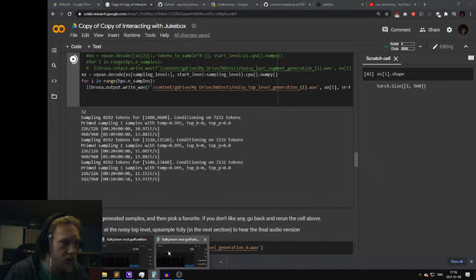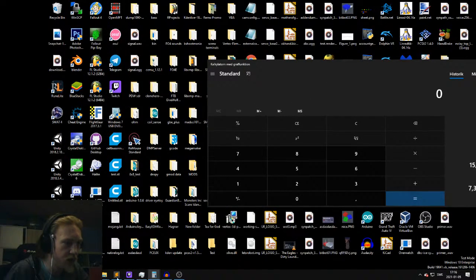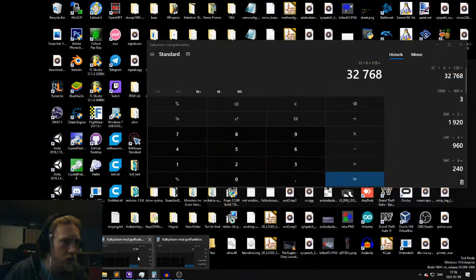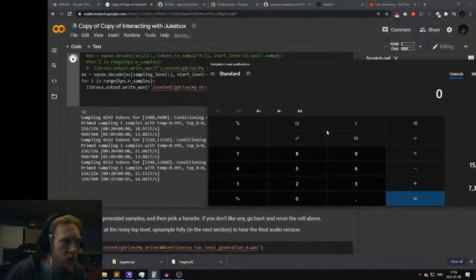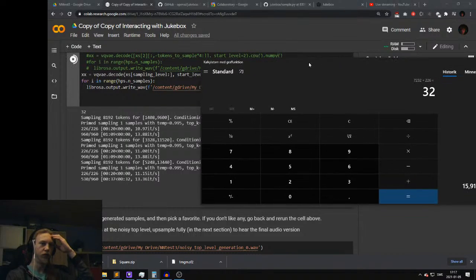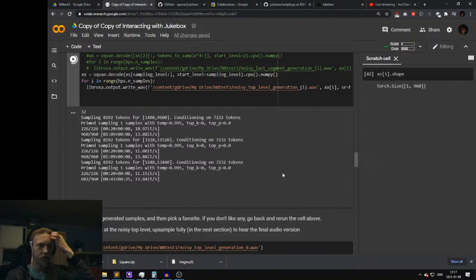Maybe this conditioning here is what that is. It's like doing it in batches, maybe. 7232 divided by 226 is 32. It's doing 32 batches. Well, it's doing batches of 32 of conditioning. Okay, nice to have figured that out.